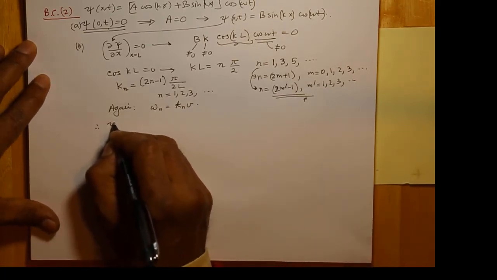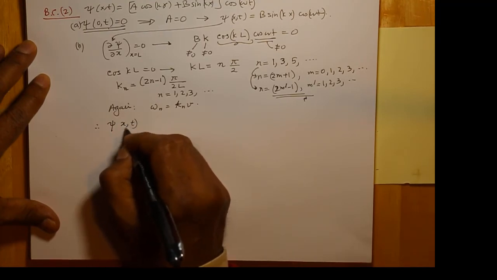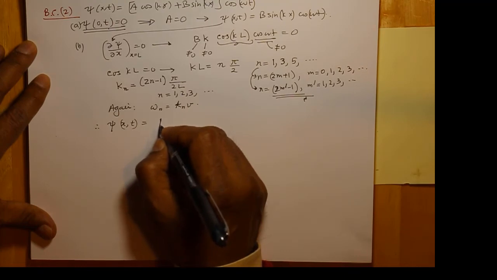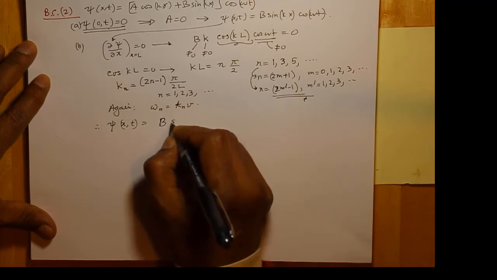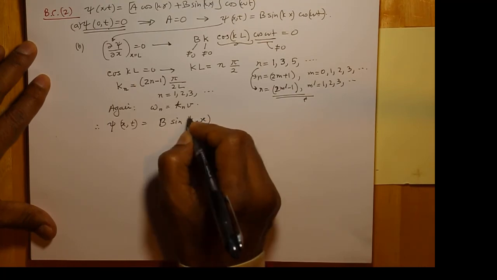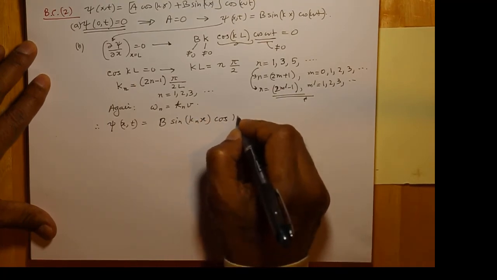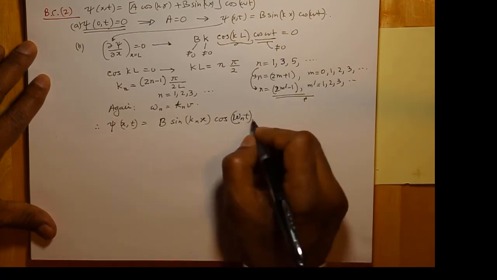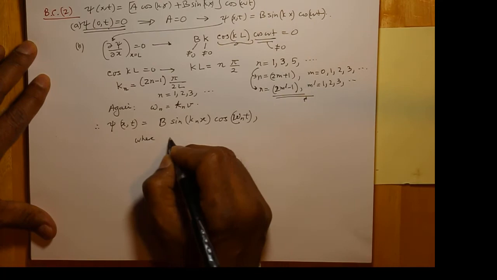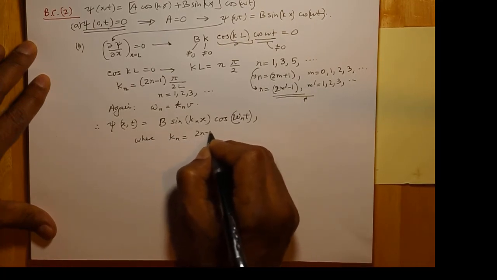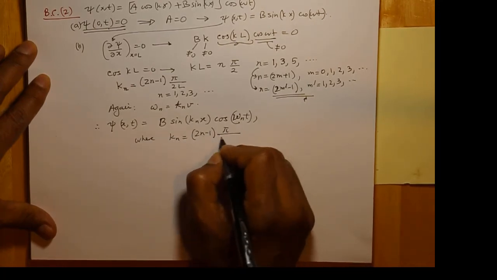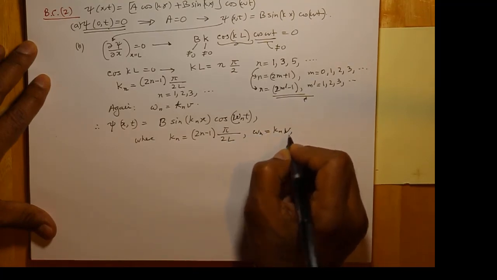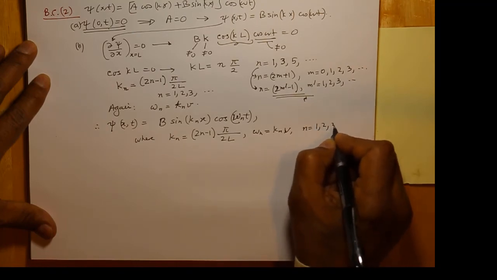Therefore, we're going to have a whole bunch of solutions, with some constant, sine k_n x cosine omega_n t, but k_n now is different, it is 2n minus 1 pi over 2L, but omega_n equals k_n v, and n is 1, 2, 3.